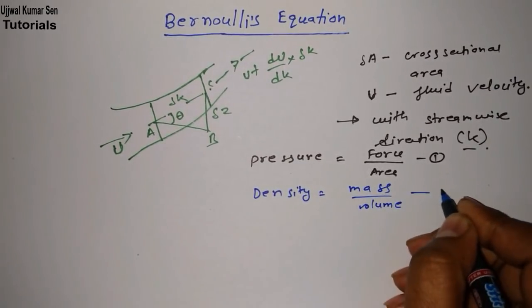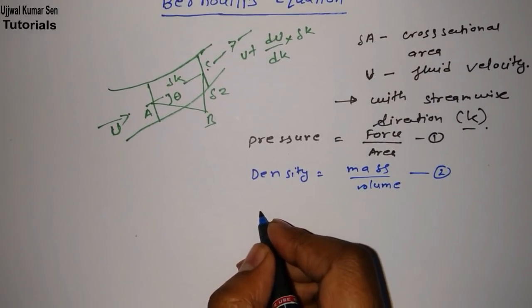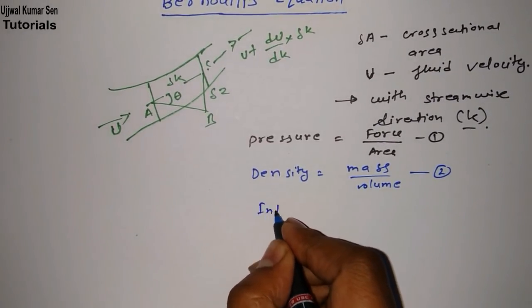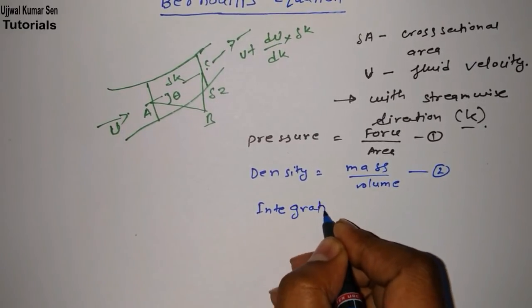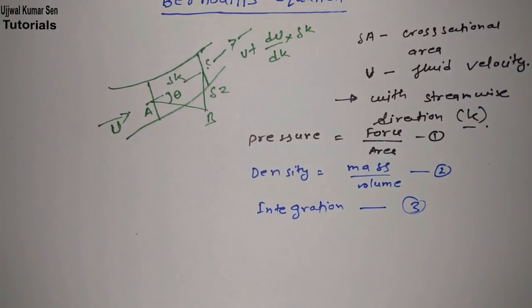We will also use this formula. And of course another thing we will use is integration. So three most important and basic things we are going to use in this derivation. I hope you understand this, right? Now let's go for it.